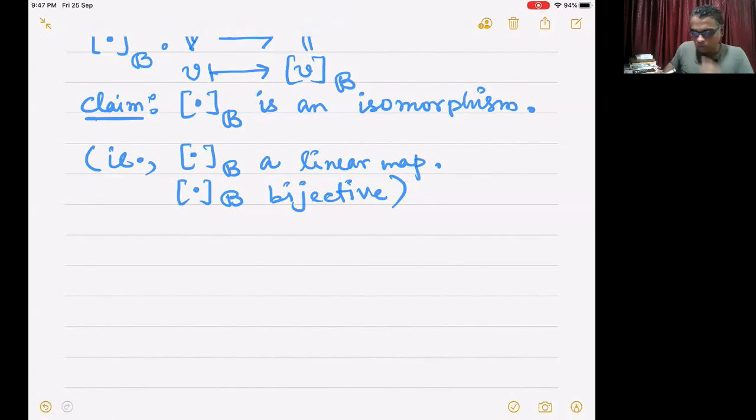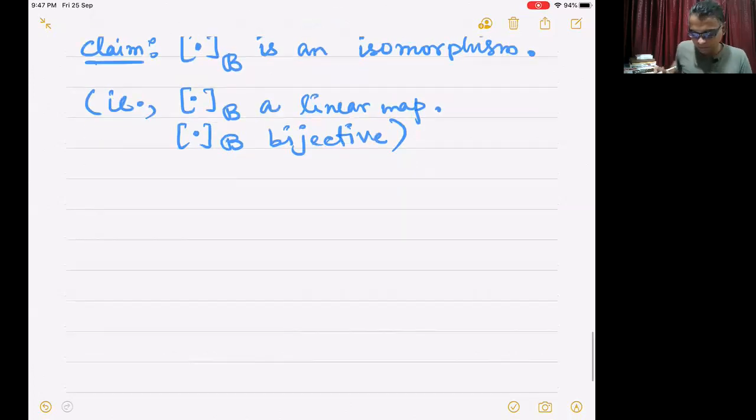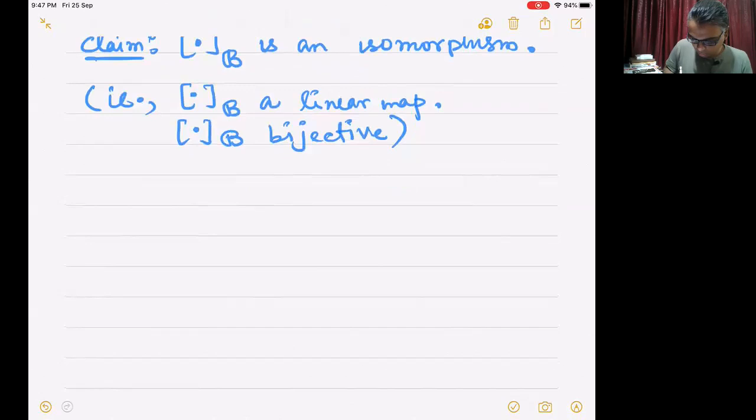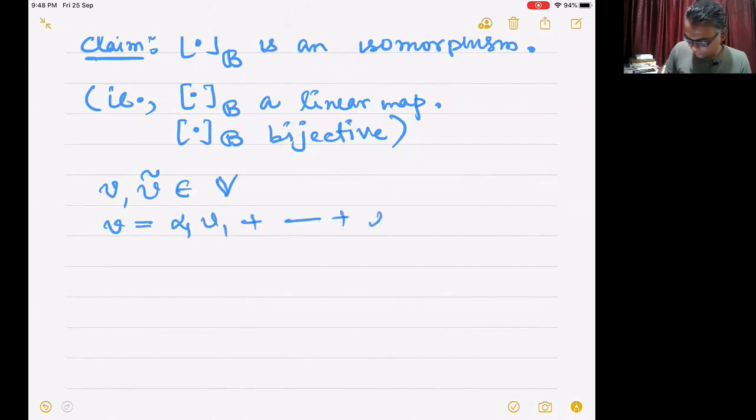Why is that so? First we check that this is indeed linear. Very easy to do. Suppose I have two vectors v and v tilde in V. So v admits a representation alpha 1 v1 plus ... plus alpha n vn. v tilde admits a representation alpha 1 tilde v1 plus ... plus alpha n tilde vn.